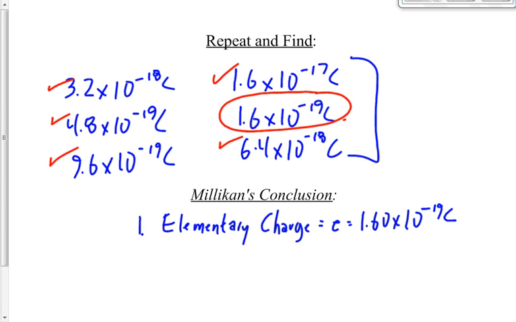You do this 500 times, and you get all these charges that are multiples of 1.6 times 10 to the minus 19, but nothing smaller than 1.6. The logical conclusion from that is that that's the smallest one that you can have. Which, by the way, since Thomson already said the electron is a fundamental particle, well, that must be the charge of the electron as well.